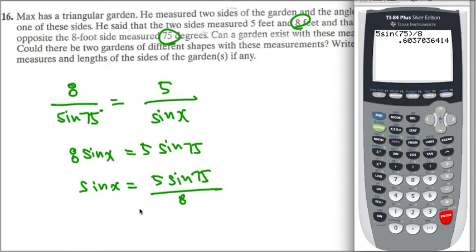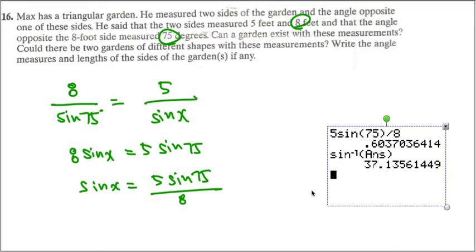And when you do the arc sine to figure out the value of x alone, second sine of the answer, we get 37 point.